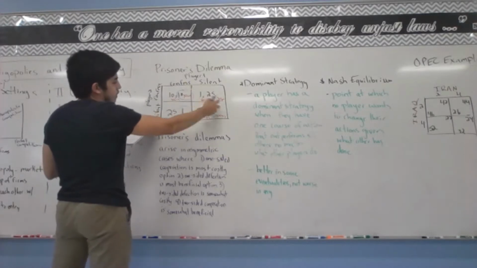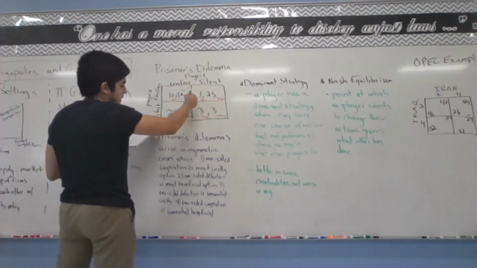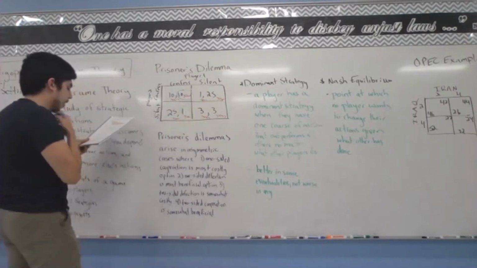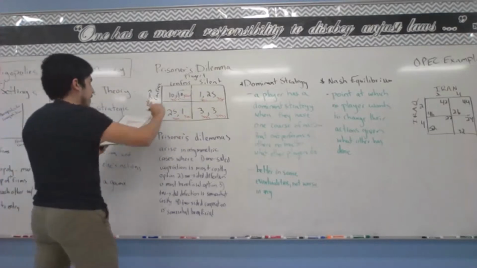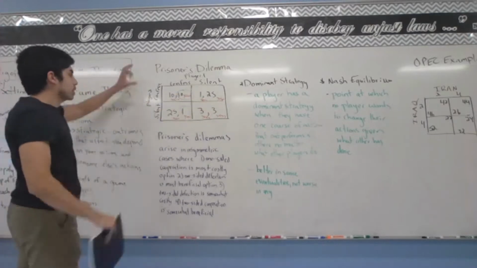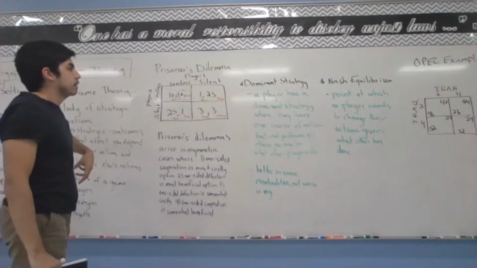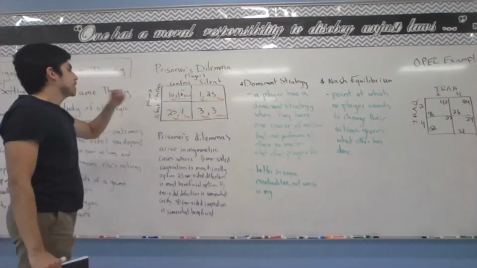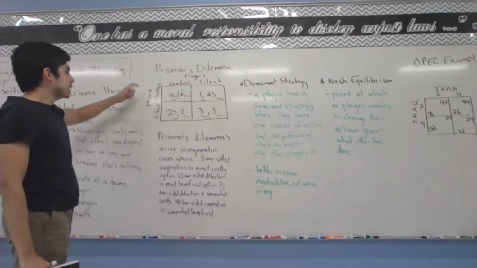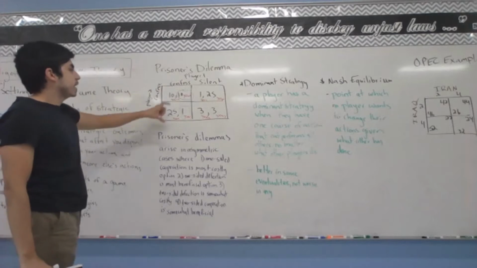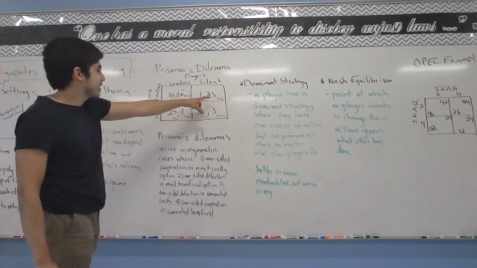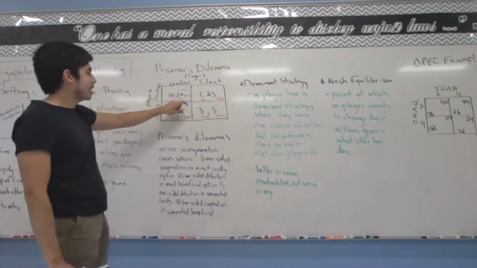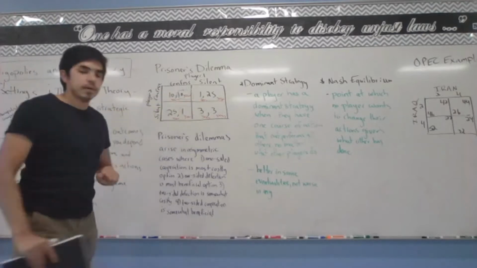I mean, lower numbers of years in prison, but that's considered a greater payoff than that from remaining silent, regardless of what player two does, right? Everyone can see that. So player one's dominant strategy is to confess, because independent of what player two does, 10 is less than 25 years in prison, and 1 is less than 3 years in prison.